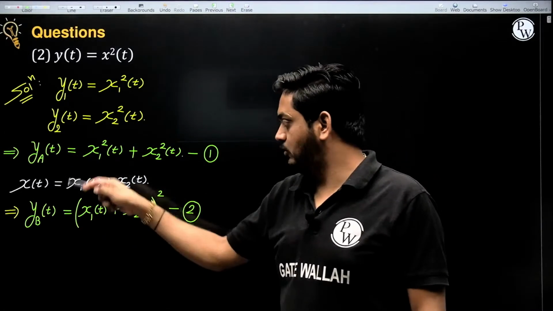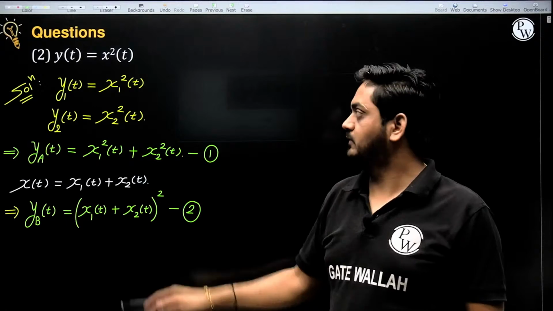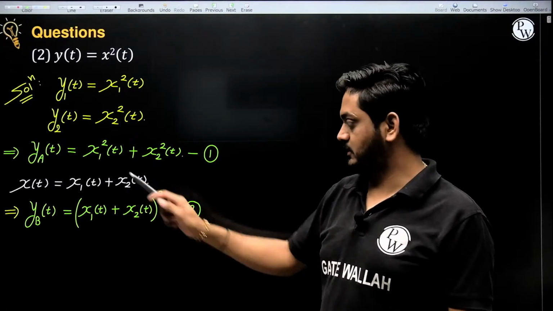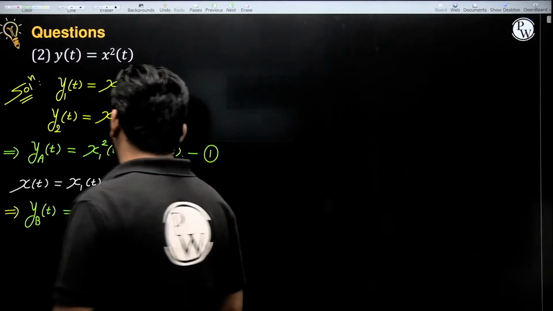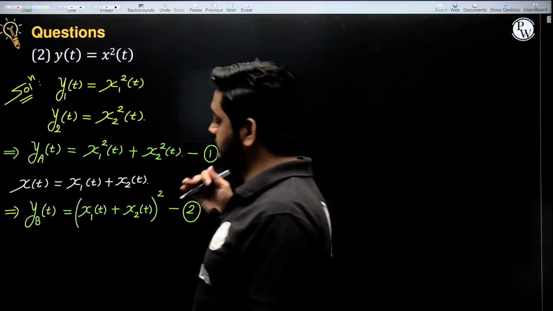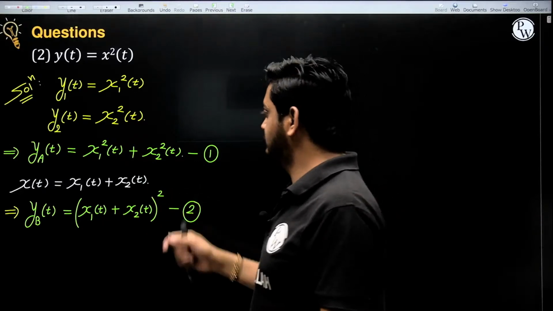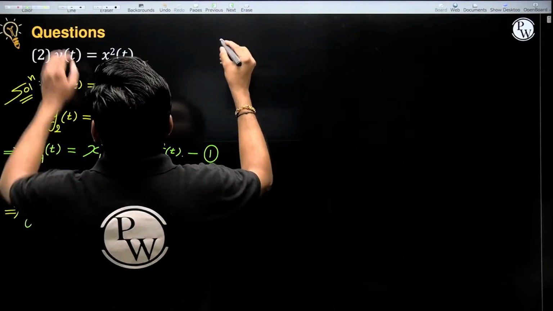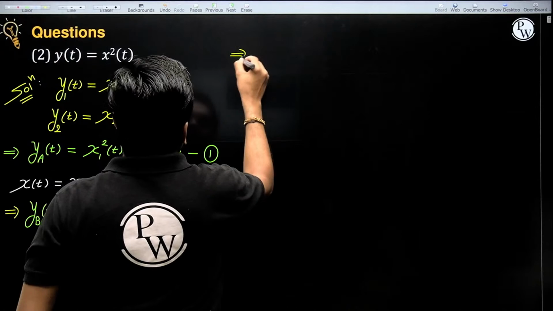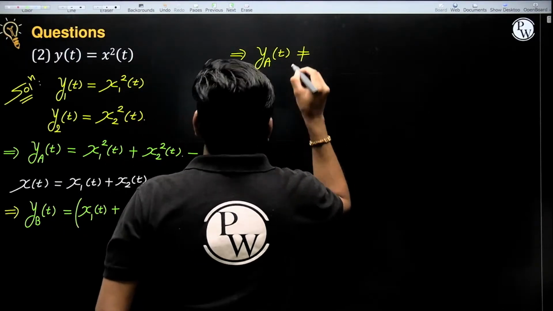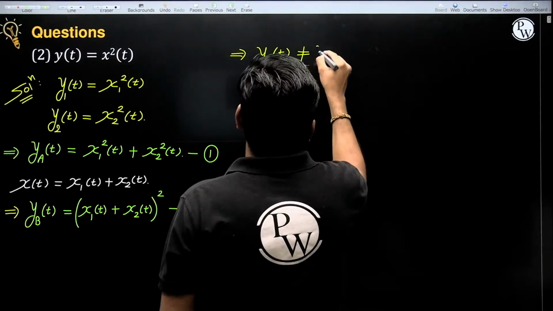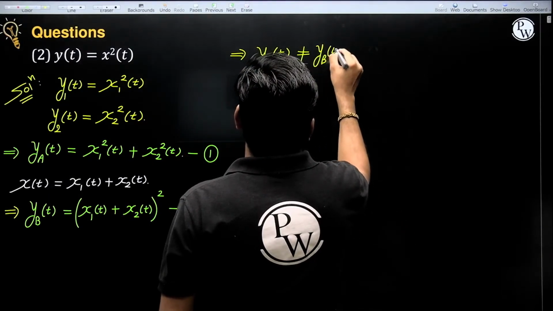Sorry, ya of t is not equal to yb of t. So the given system is non-linear because it is not satisfying the superposition theorem. We do not need to check the homogeneity theorem because it does not satisfy the superposition theorem. Here we can write ya of t not equal to yb of t.